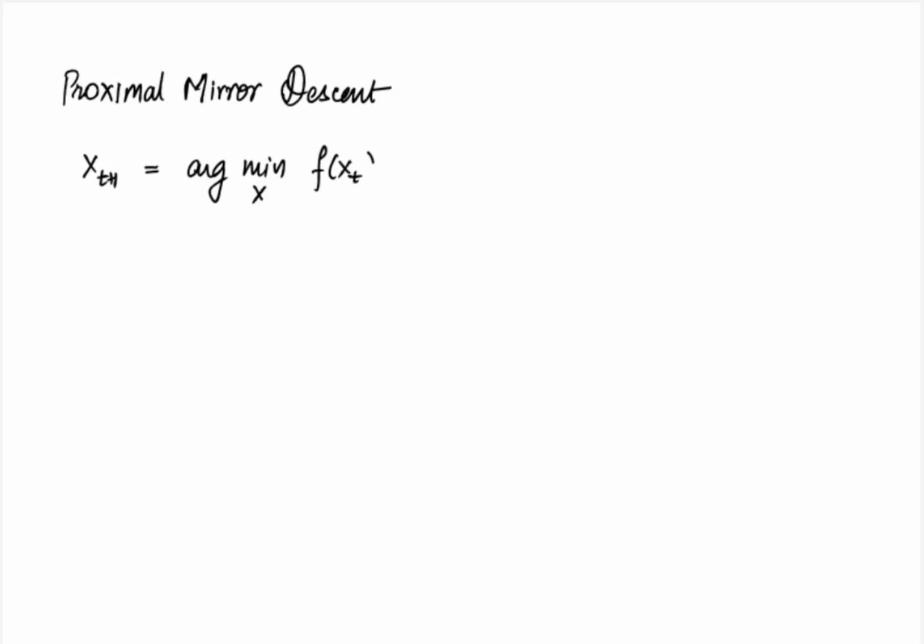For instance, the proximal mirror descent algorithm can be written down with the updates x_{t+1} equal to argmin over x of f of x_t plus inner product of g_t comma x minus x_t plus 1 by eta_t D_phi of x comma x_t plus h of x.